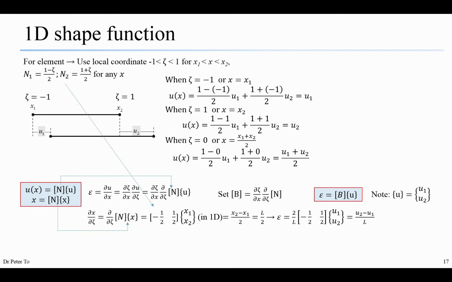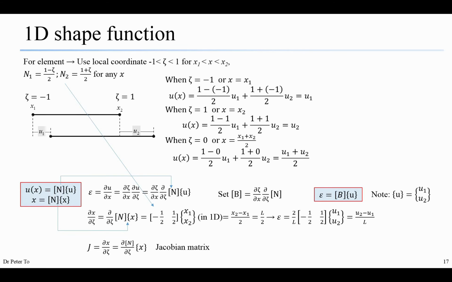Because N1 = (1 − zeta)/2 and N2 = (1 + zeta)/2, dN/d zeta equals −1/2 and +1/2, and multiplying by x1 and x2 I get the position x. Then I substitute it into the epsilon calculation and get (u2 − u1)/L. So that is correct.